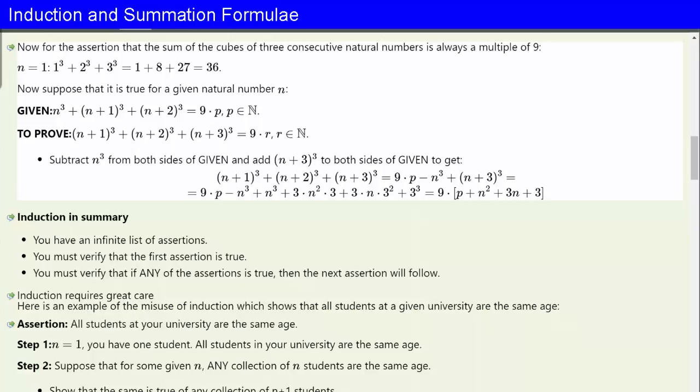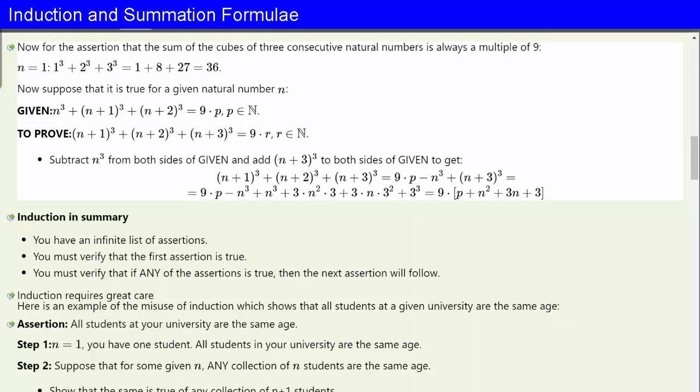To manipulate given into something resembling to prove, we can subtract n cubed from both sides of given and add n plus 3 cubed to both sides of given. This manipulates the left side of given into the left side of to prove.